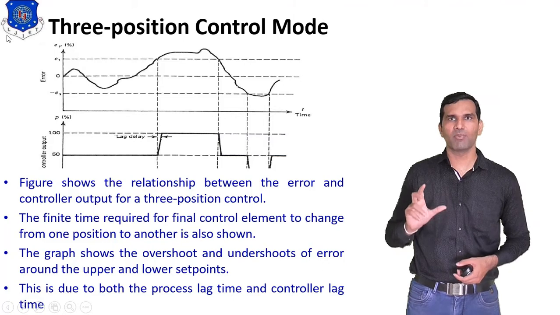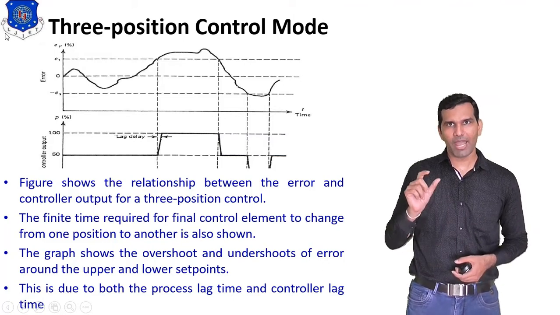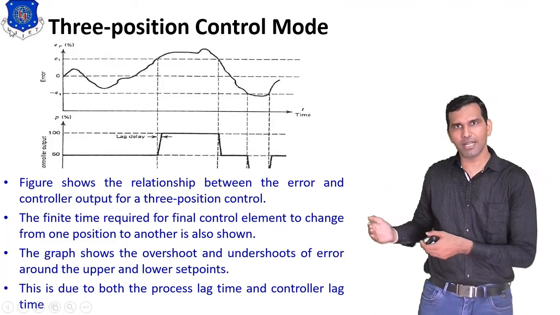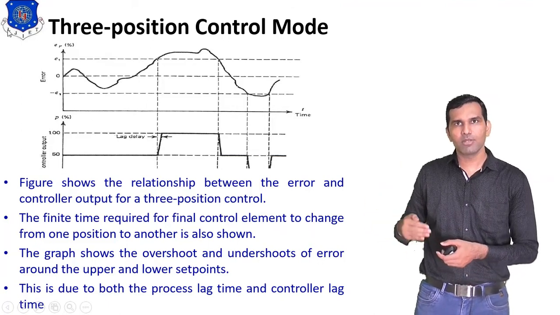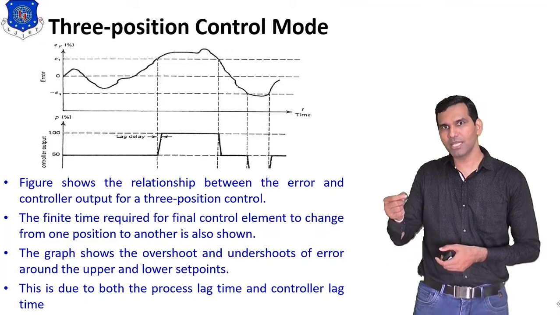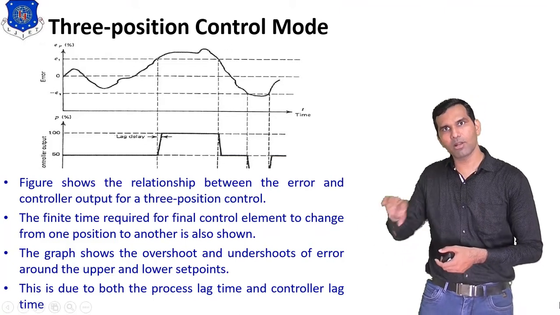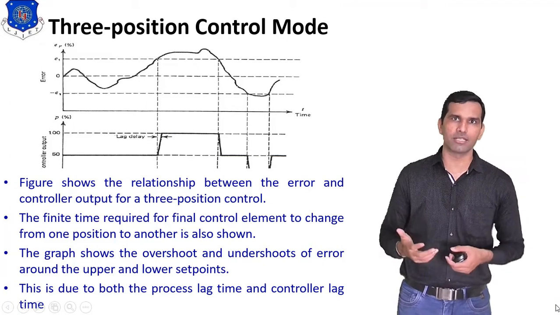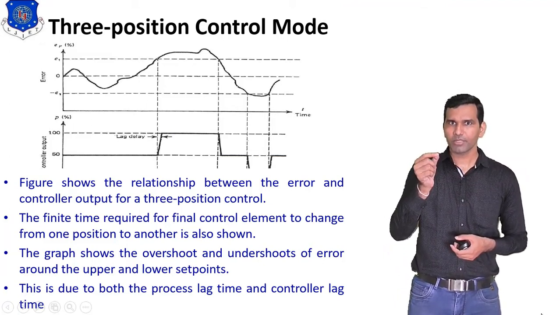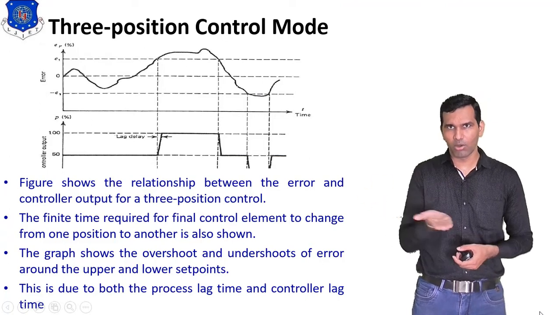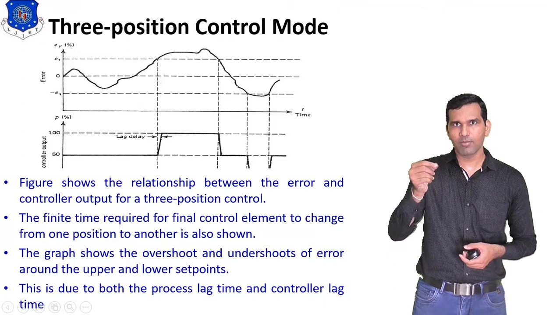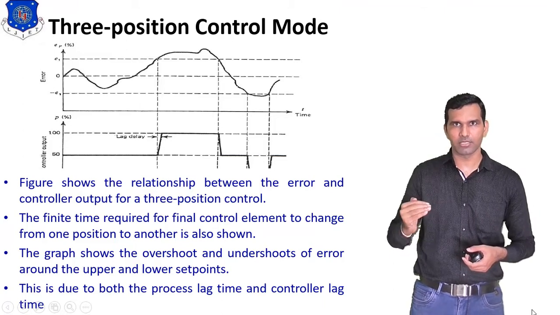And again, when the error is decreased below minus E1, the controller output is also decreased. See in the figure, the minus E1 indicates the lower level. Beyond that limit of the error, the controller output is decreased.